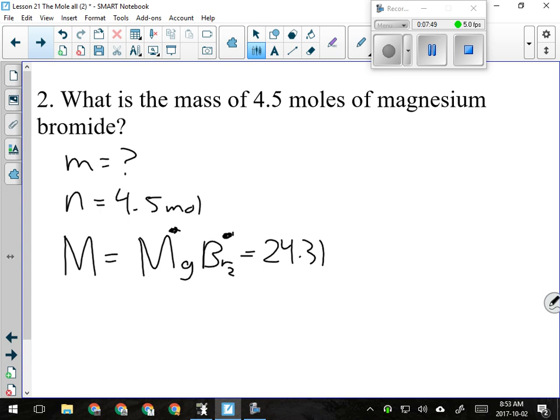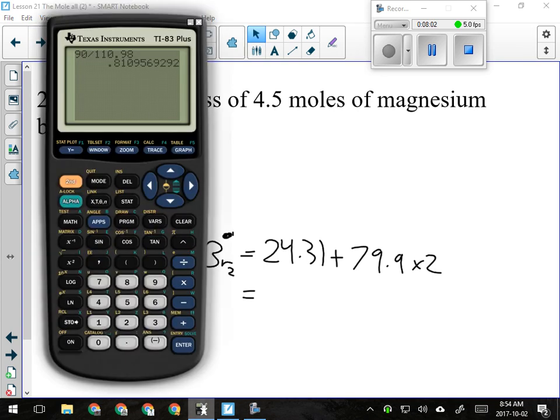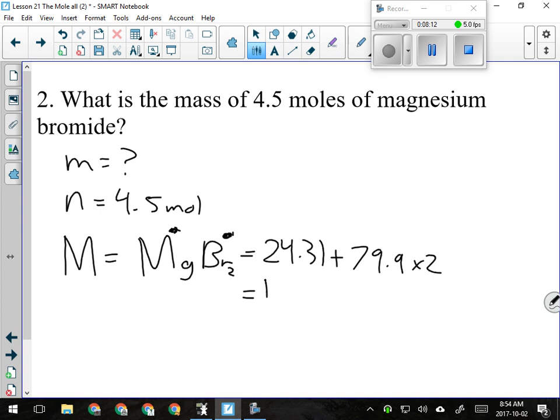All right, so we got 1 magnesium and we got 2 bromines, so we add on 79.9 times 2. Okay, so we got 184.11 grams per mole.